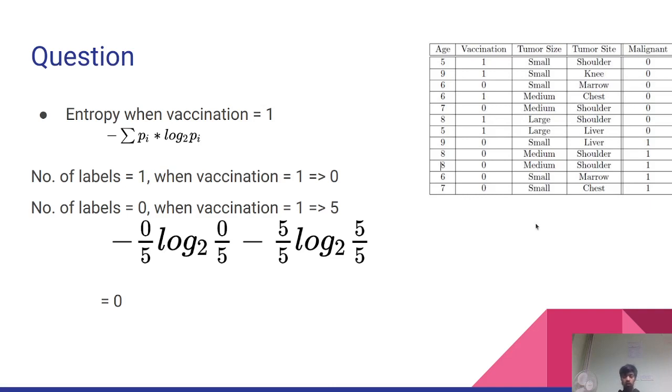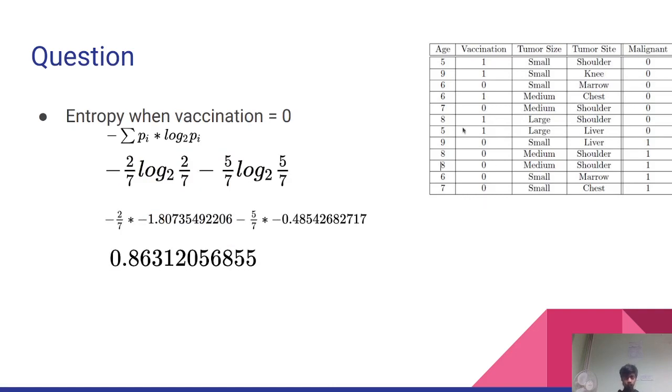Then I will be moving on to the entropy when vaccination equals 0. Again we have the same formula, and whenever we have vaccination equal to 0, we have to find how many of the labels are 0.